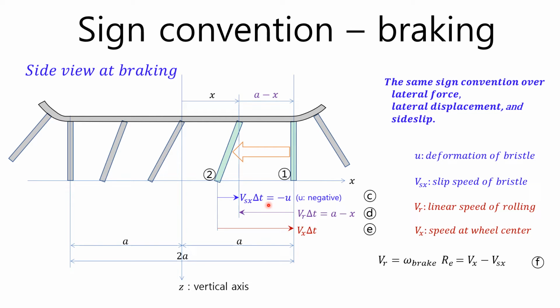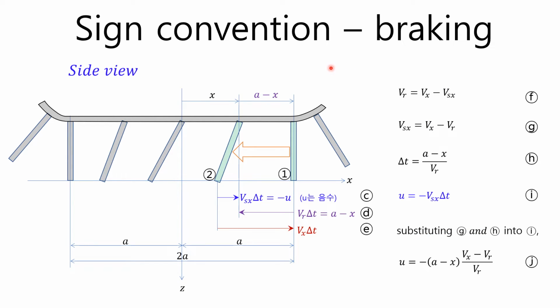Therefore, if the bristle slip velocity Vsx has a positive value, and the bristle deformation u has a negative value, the expression C can be obtained. Please note that minus u is not a negative number in braking, but u itself is a negative number, so Vsx becomes a positive number.